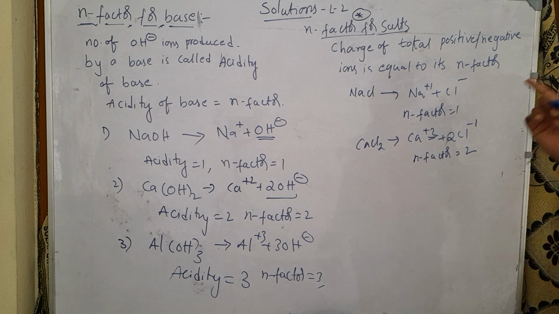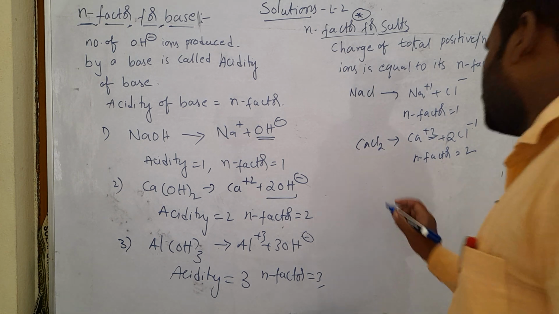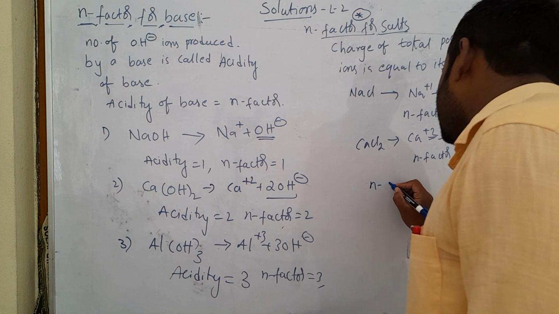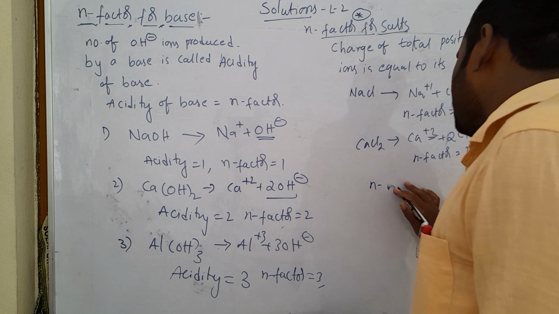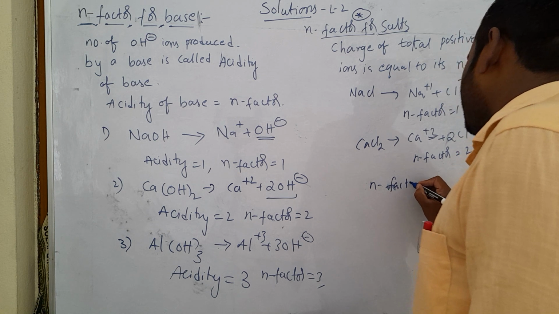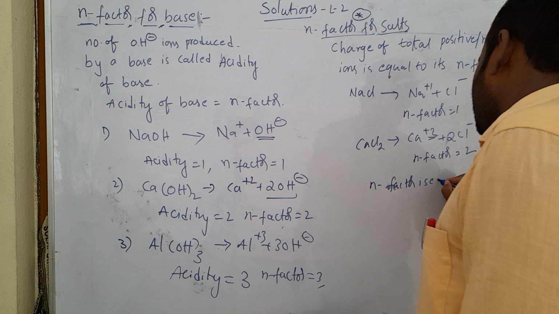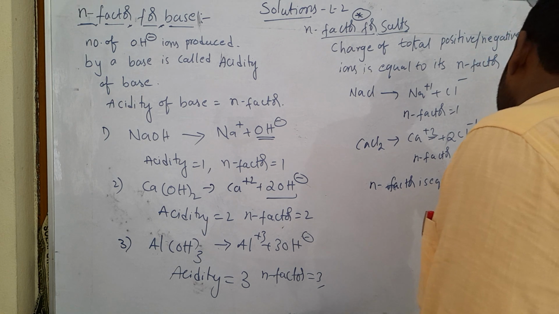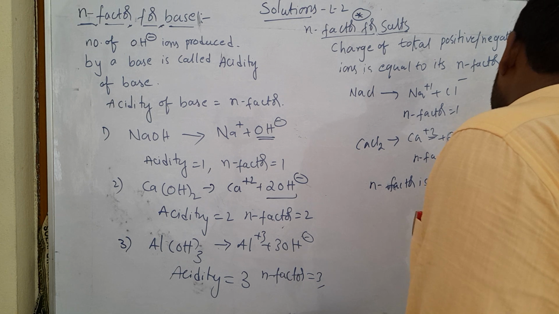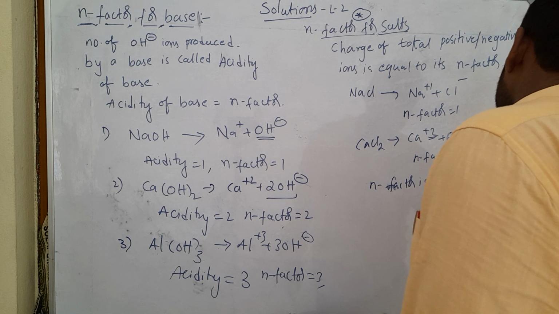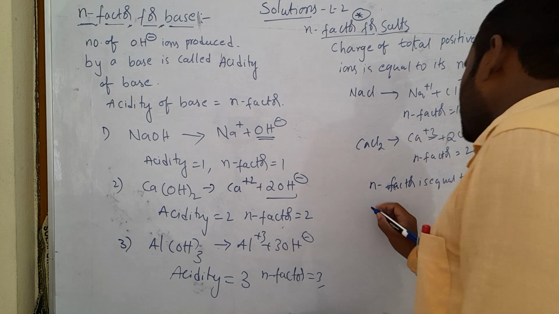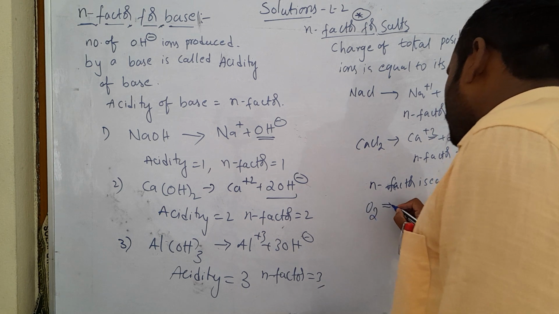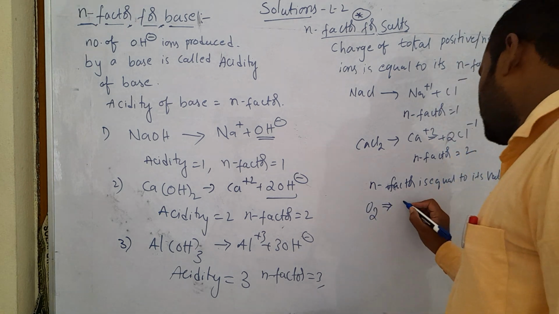Likewise we can calculate the N factor, and sometimes N factor is equal to its valency. For example, O2. What is the N factor for O2? That is 2. Why?